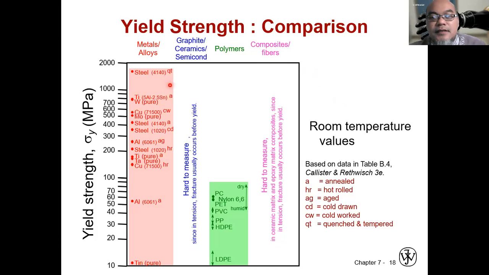Okay, so let's compare the yield strength of some materials. As we can see, yield strength is different from elastic modulus, Young's modulus. Even when a material has high Young's modulus, meaning the slope is very high, like in most ceramics, it doesn't mean they will also have high yield strength.